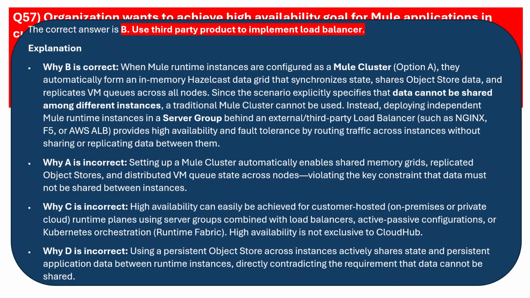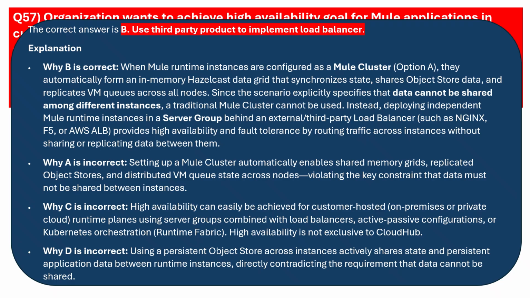Why A is incorrect. Setting up a Mule cluster automatically enables shared memory grids, replicated object stores, and distributed VM queue state across nodes, violating the key constraint that data must not be shared between instances. Why C is incorrect.